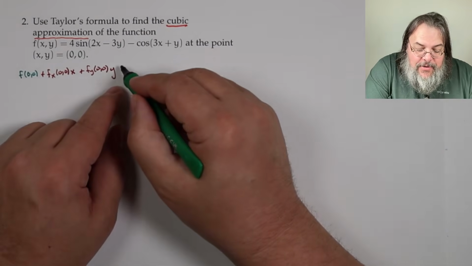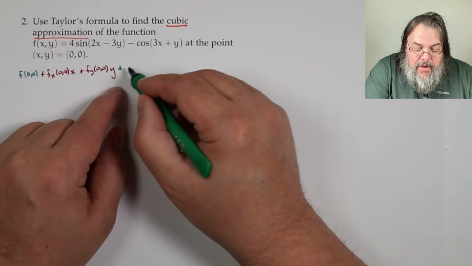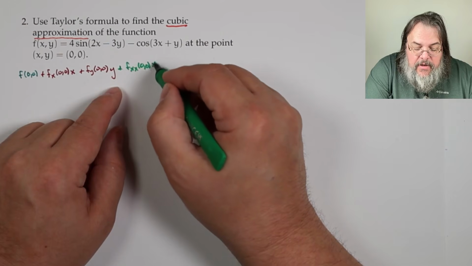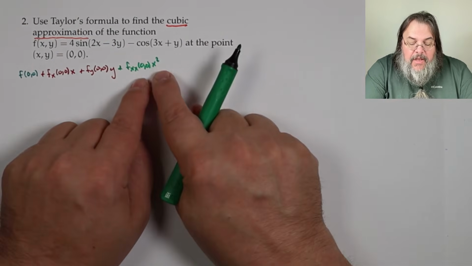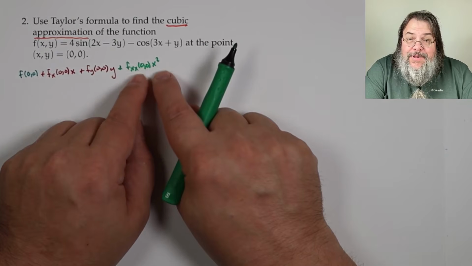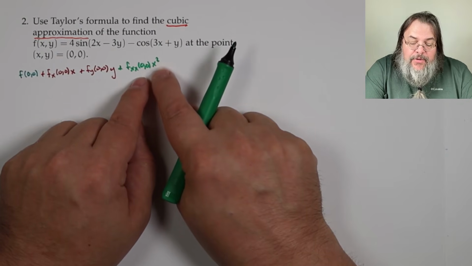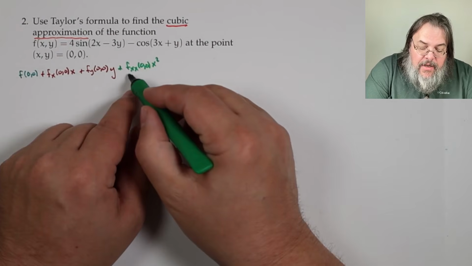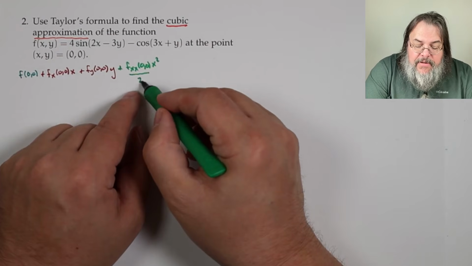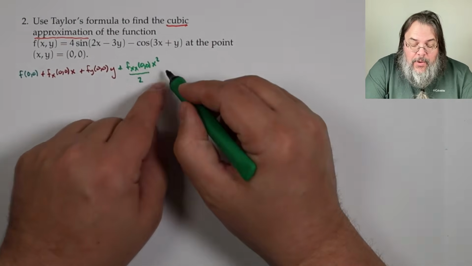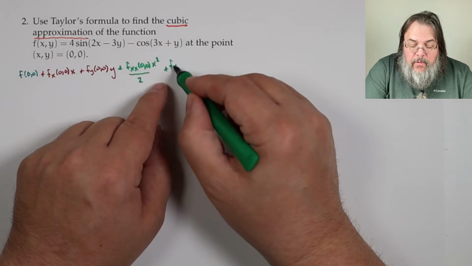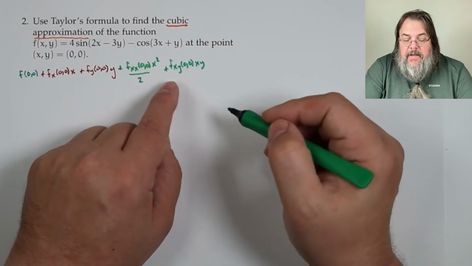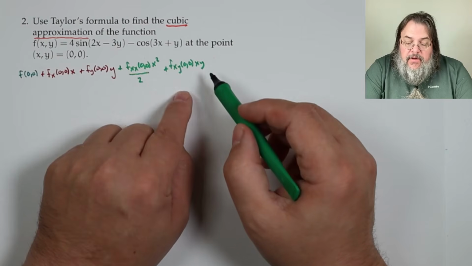Now we have to get to degree 2. So we say, well, it'd be f_xx at 0, 0 times x squared. But in order for our derivative to match, when we take two derivatives with respect to x, we're going to get a 2 coming down. We need to compensate for that, so we divide by 2. We'll have an f_xy at 0, 0 times xy. Now, we don't need to put it over 2 here, right?